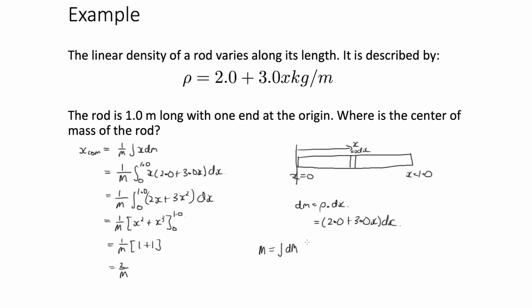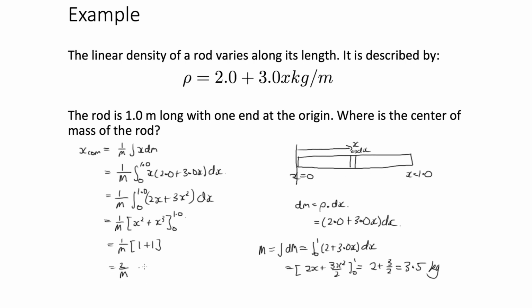Now, we'll use this expression for dm here, so we'll be integrating along the entire length from 0 to 1 of 2 plus 3x dx, and when we do this, we end up with 2x plus 3x squared on 2, which we're evaluating at 0 and 1, so this is equal to 2 plus 3 on 2, which is equal to 3.5 kilograms, the total mass of this rod here.